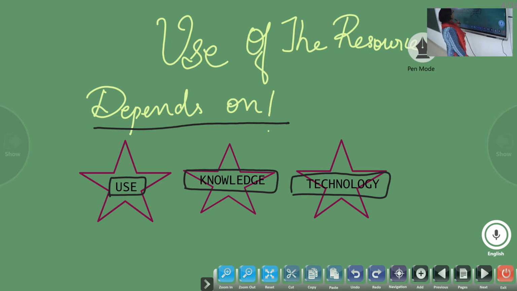Again, going back to the same example, I have green plants. I know how to use the green plants, but if I do not have a stove to cook, if I do not have gas, if I do not have wood to make a stove to cook, then I cannot use the resource.